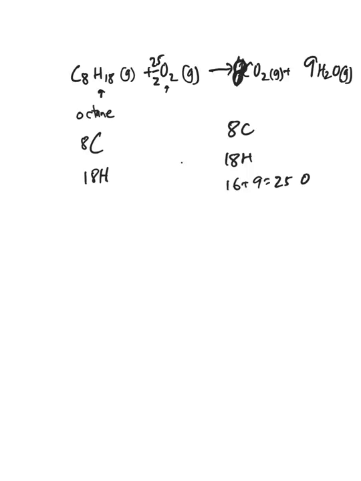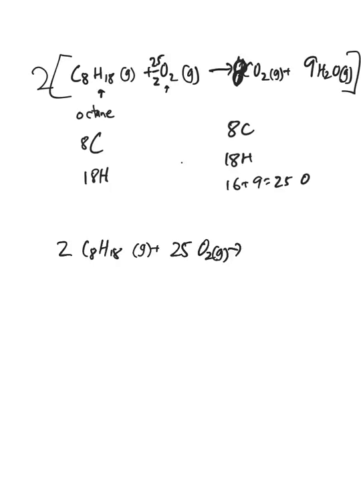Or we can multiply everything by 2 to give us 2 C8H18 plus 25 O2 reacts to make 16 CO2 plus 18 H2O. So let's see if this is balanced. I've got 2 times 8 are 16 carbons, 2 times 18 are 36 hydrogens, and 25 times O2 is 50 oxygens on the reactant side.